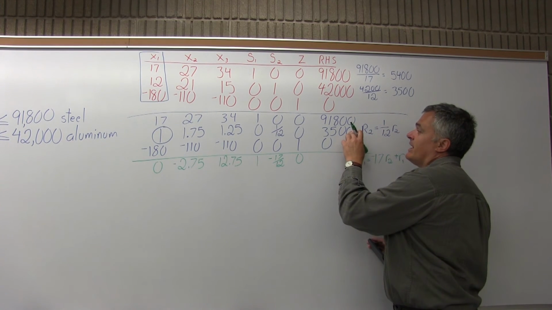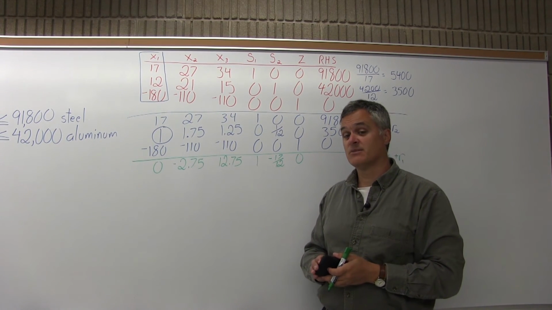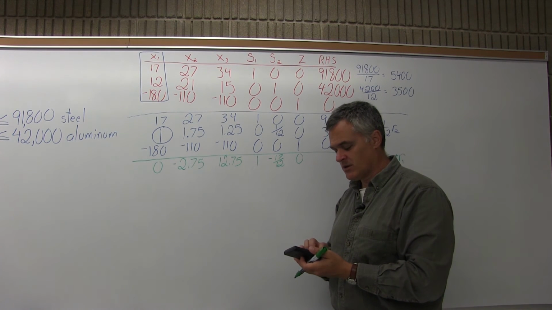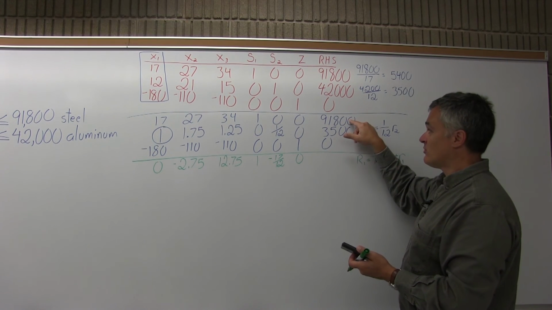And now the next one is negative 17 times row 2 is negative 17 times 3,500. It's a big number, but no fraction, so it stays whole numbers. So negative 17 times 3,500 is negative 59,500. So I take that result, add it to row 1.